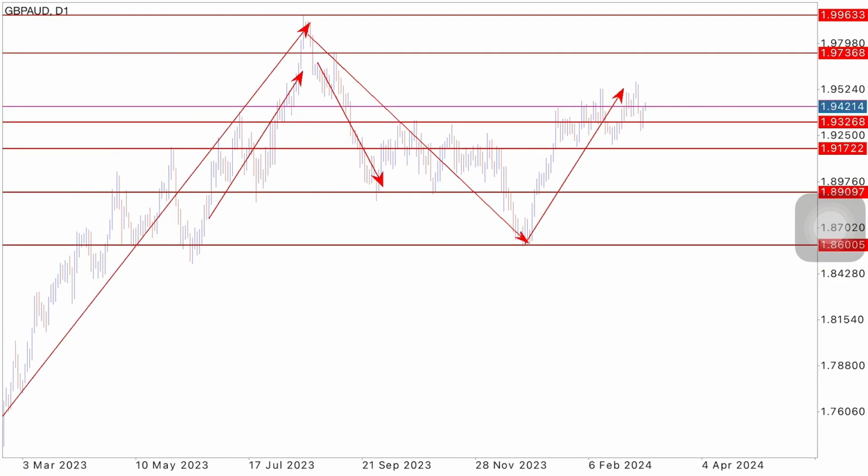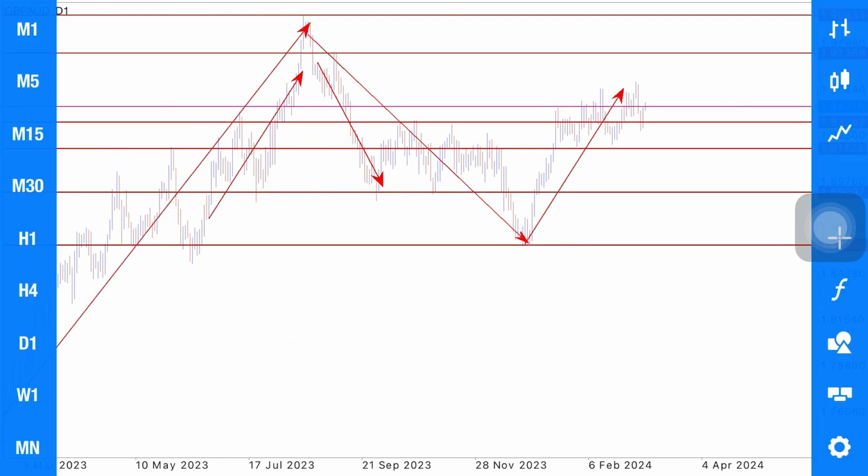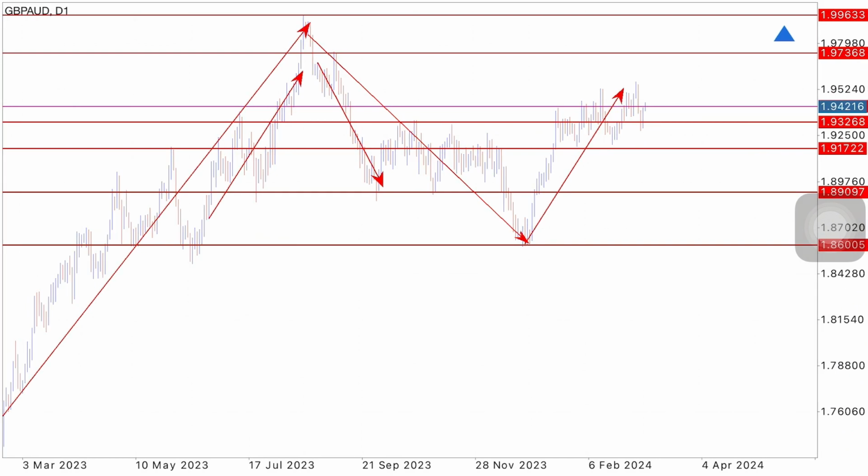This is what we actually see, and I can also see that we have this beautiful inverse head and shoulder, which is just in this type of formation.